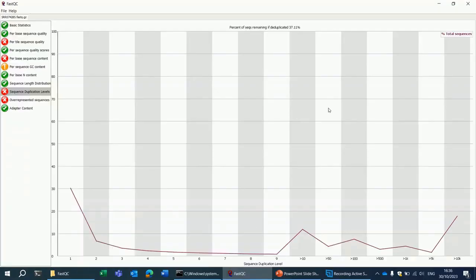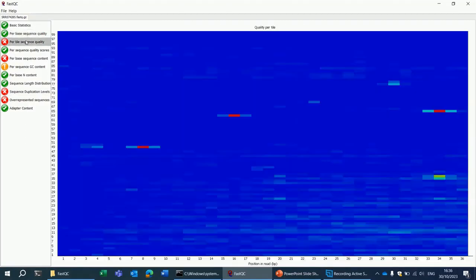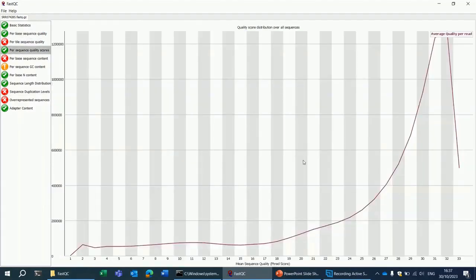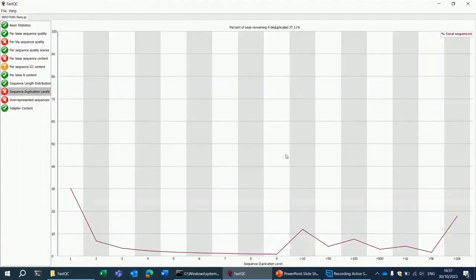So to interpret the plot here, you have to take into account the overall quality of the data. So if the quality plots, this one, and this one, show that the quality of the reads is low, this will have implications for the duplication levels.